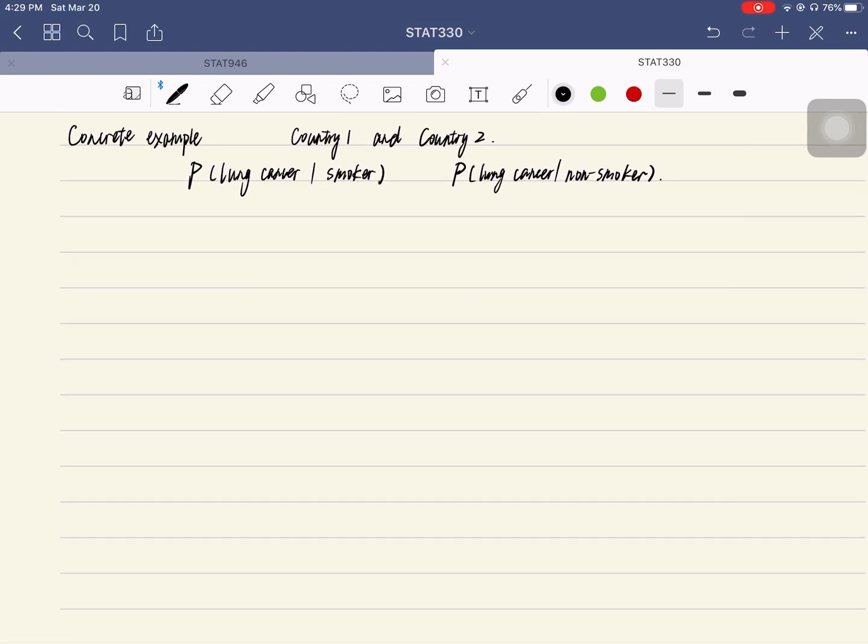From country 1, you have smokers and non-smokers, and whether they have cancer or no cancer.